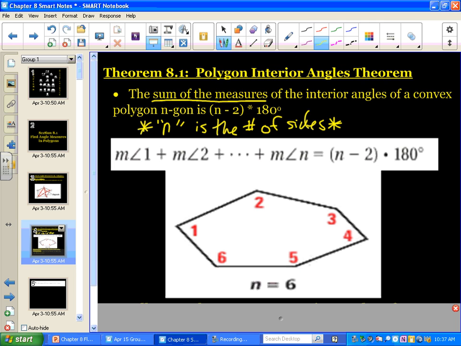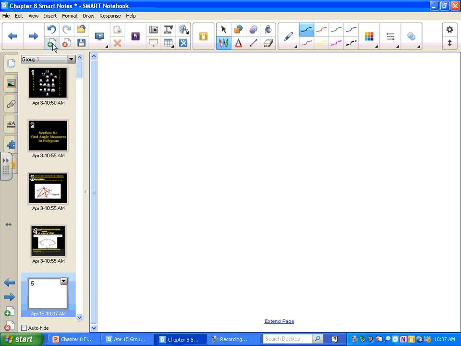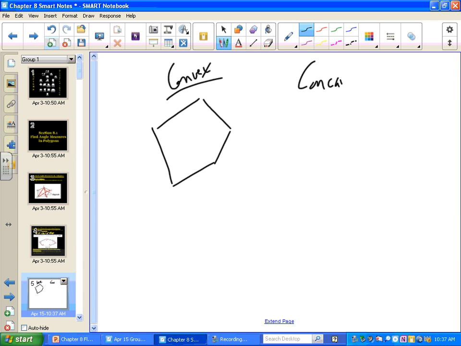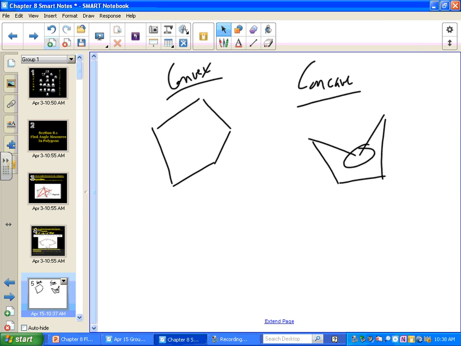So, if I were to look at a convex polygon compared to the other type of polygon, we have convex and concave. Convex polygon looks like that, and concave, you have a vertex on the interior of the polygon. So this theorem only works for those polygons that are convex.